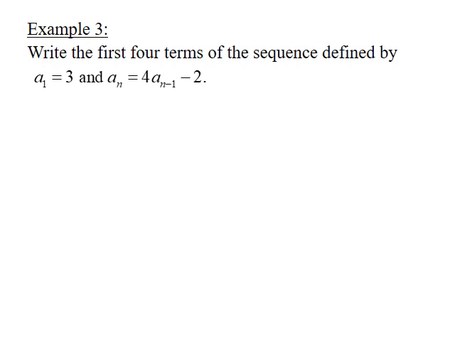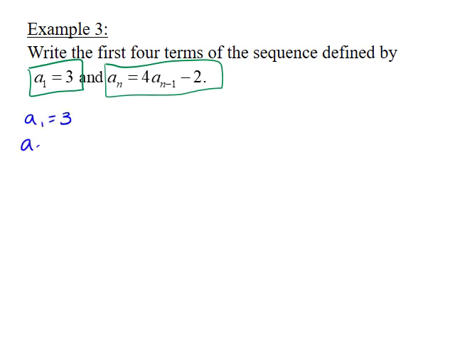Okay, so here we're given two pieces of information. Turns out we're given the first term, but then we're given this formula here, and we want to find the first four terms. Well, we already know the first term is 3.